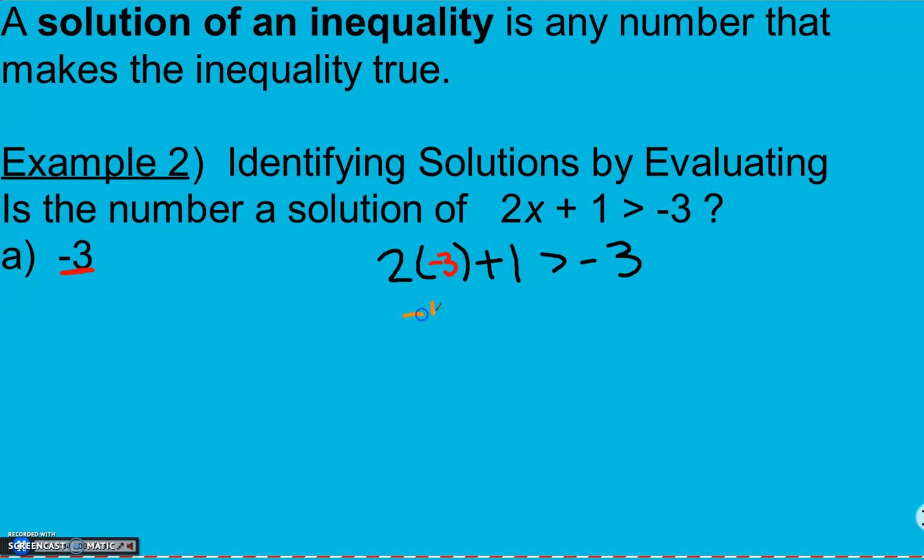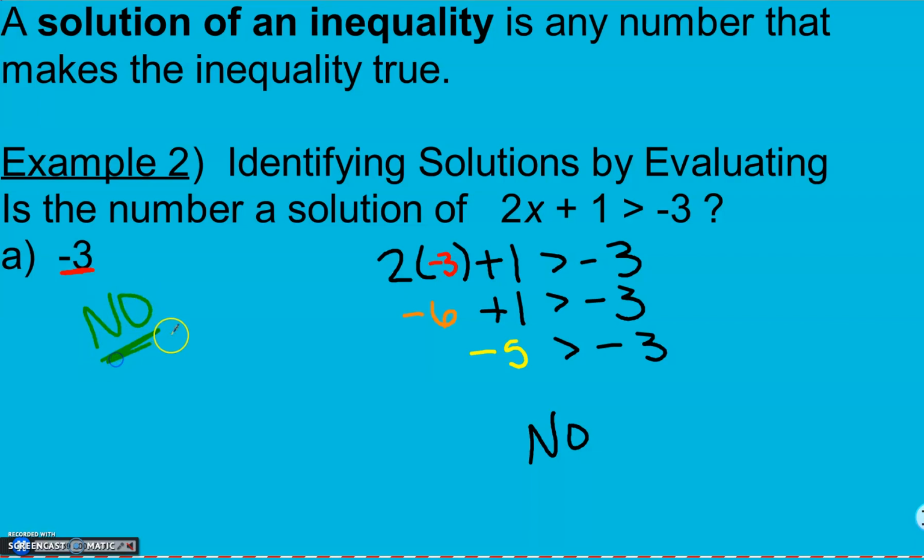We simplify, multiply first, then we add or subtract. Now my left side is as simple as we can get it, and so is my right side, so we check. Is -5 greater than -3? The answer here is no, it's not. So, is this a solution? No, because this is false.